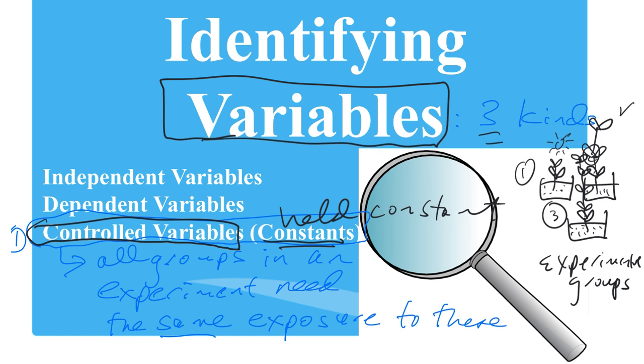Well, if they didn't get the same amount of sunlight, maybe Dr. Pepper got more sunlight than the other ones, then you can't say that Dr. Pepper was the cause of the increased growth in the plant. So it's very important to control variables.